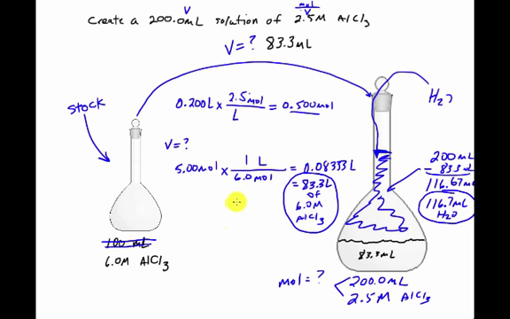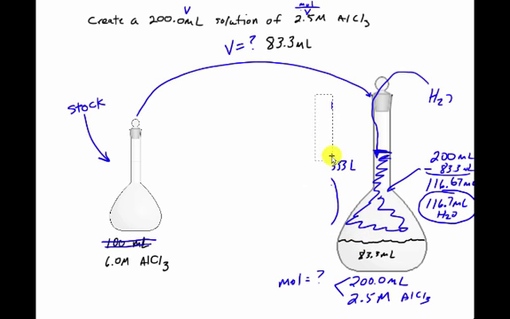Now, what you could do with this problem is you can actually do this a different way, and you probably already remember this, hopefully, which is using M1 V1, and I'll show you how to do that right now. Okay, so I can do this problem really quick if I understand how to use the dilution equation.